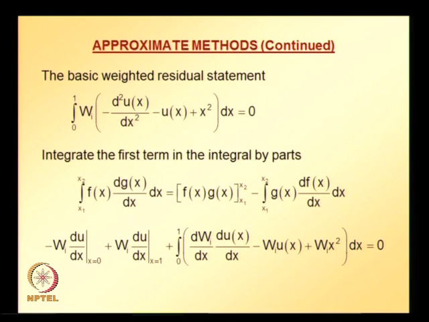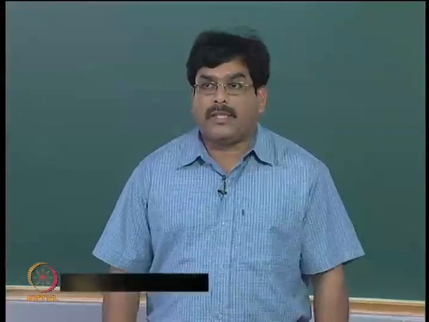If you see this last equation, you can see that the demand on the starting trial solution is reduced. So we can work with the last equation, and if we do, we can even solve this problem using a linear trial solution. So that is the advantage of the modified Galerkin method. So this is what the modified Galerkin method is, and at later stages whenever we refer to the Galerkin method, that refers to the modified Galerkin method.